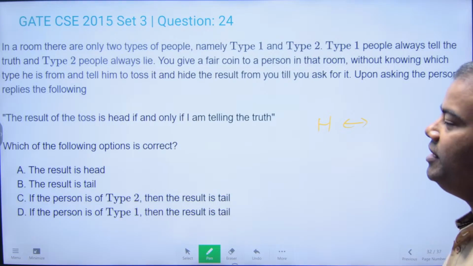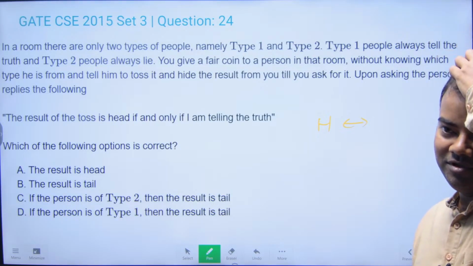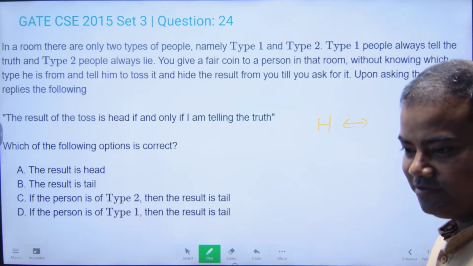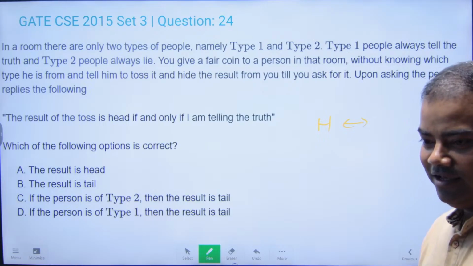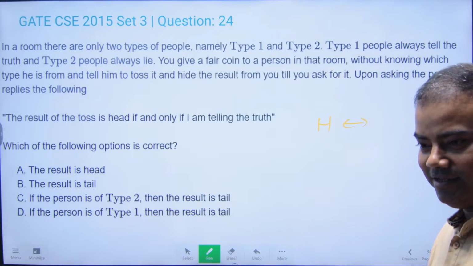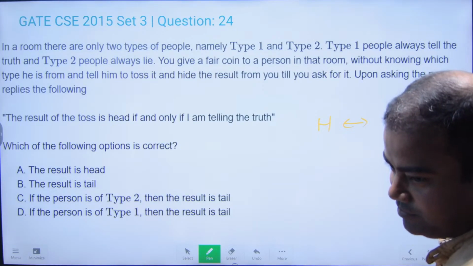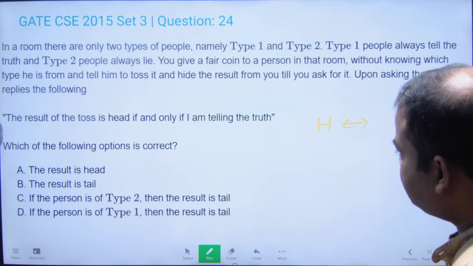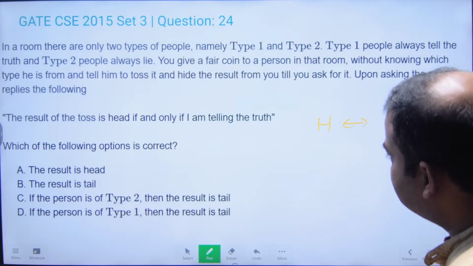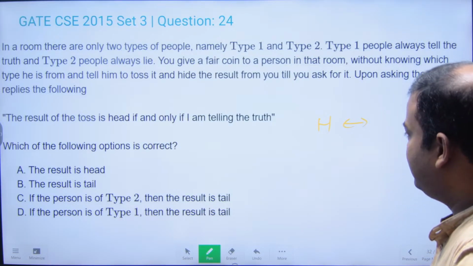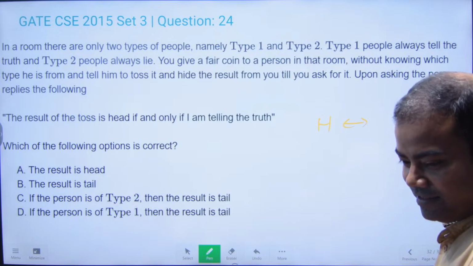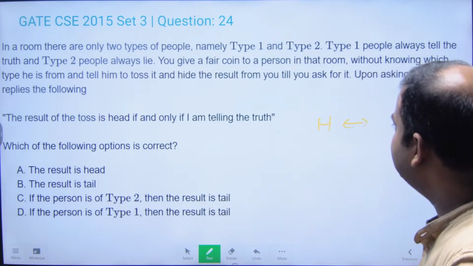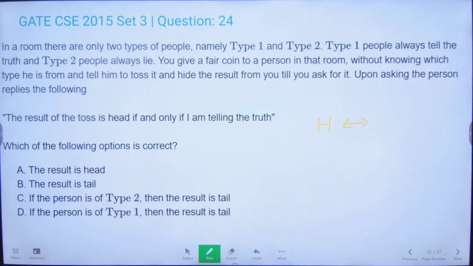In GATE there are normally two types of questions. If multiple correct, then there is normally no negative marking. So what you have to consider is type 1 is telling truth and type 2 is lying.